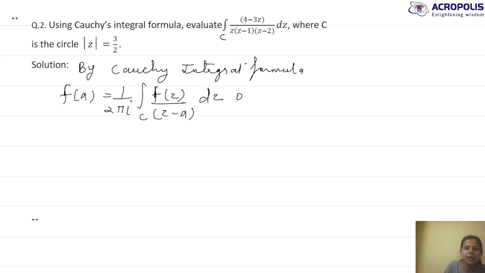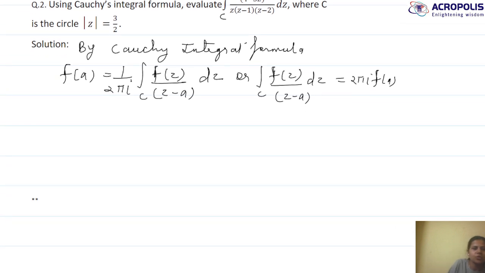Or, as we need to find the value of the integral, the integration along C of f(z) upon z minus a dz equals 2πi times f(a). Right?